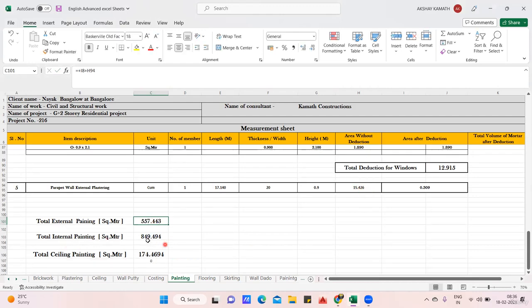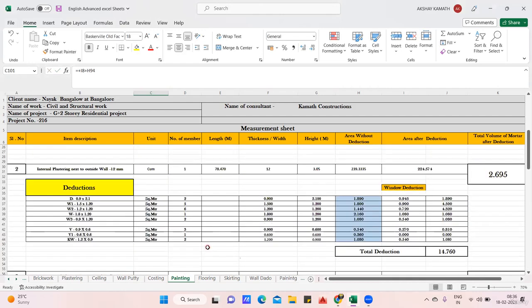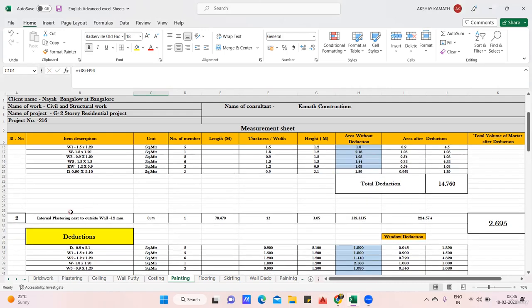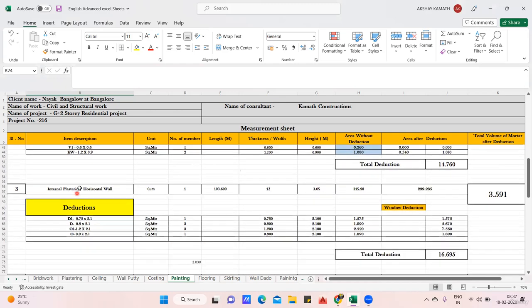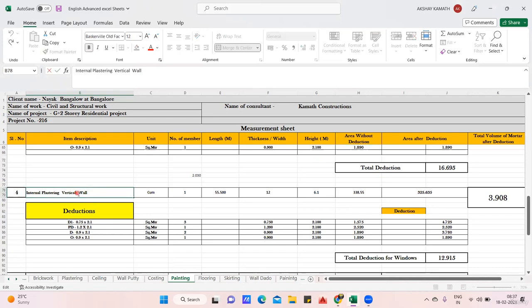Total internal painting is 849 square meter. So all these are internal I've taken. This is painting I should do. I wrote plastering there, have to change it. So in this way, here also it is interior painting I should do. Make this as painting. Let there be spelling mistake.